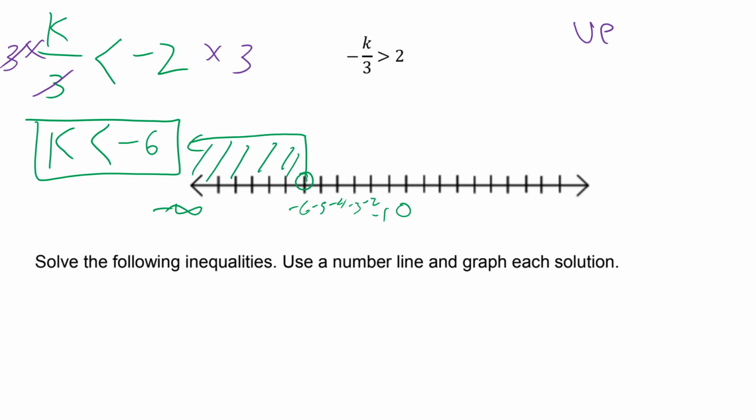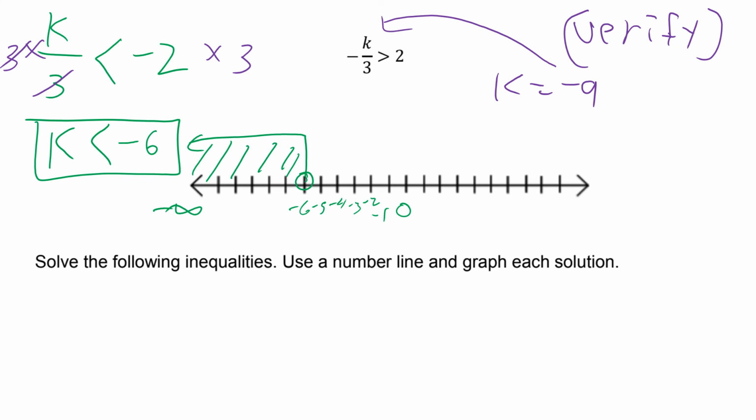How can we verify? Pick any number again. I will pick something that is a multiple of 3 just because the bottom number is 3. So why don't I decide k is equal to negative 9. Then let's substitute this into this expression. Negative 9 over 3 minus is what I have on the left side.